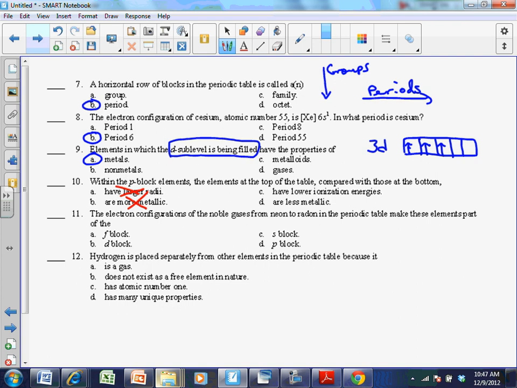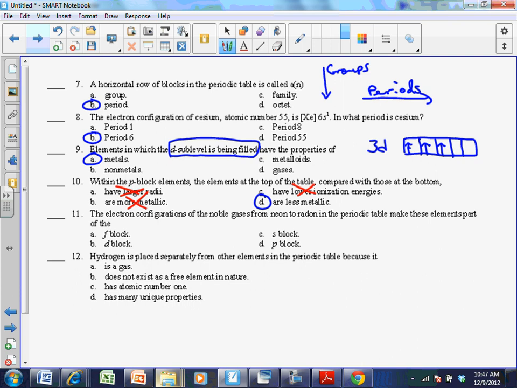Lower ionization energies? That's not true either, because ionization energy increases at the top of the group. It's harder to remove an electron from an atom at the top of the group. So the answer is less metallic, right? So oxygen is less metallic than the element at the bottom of group 6.